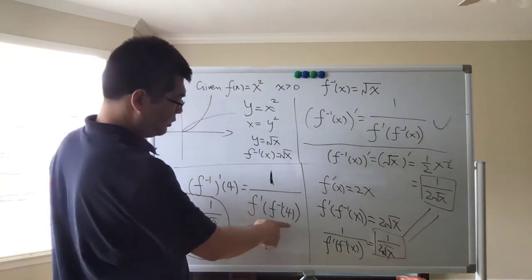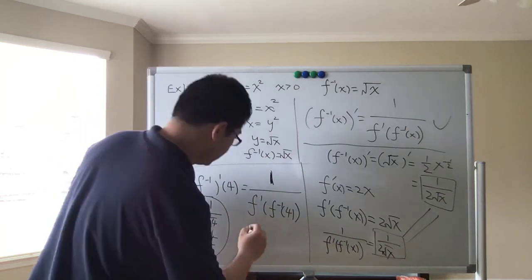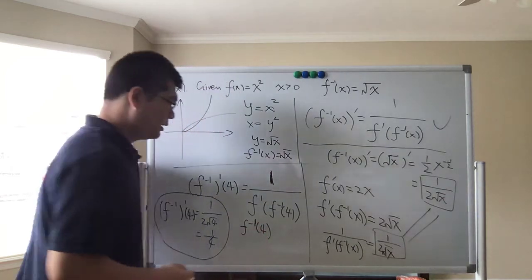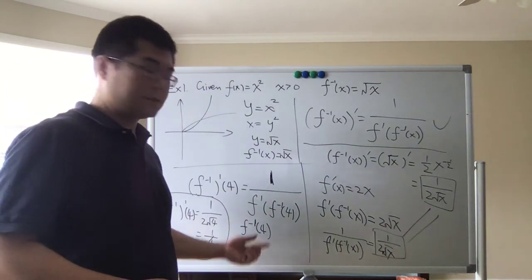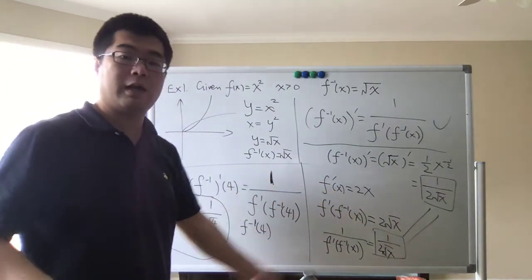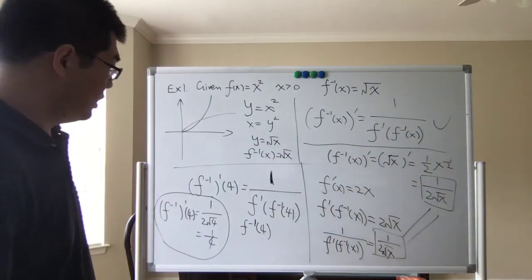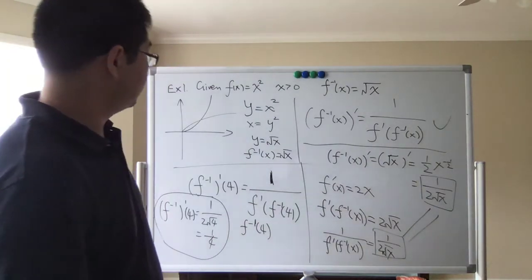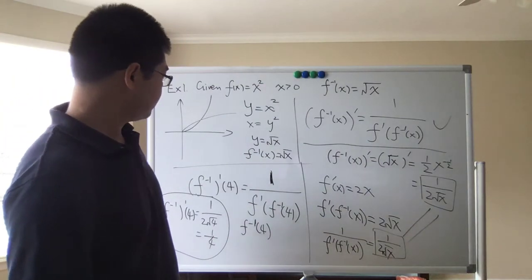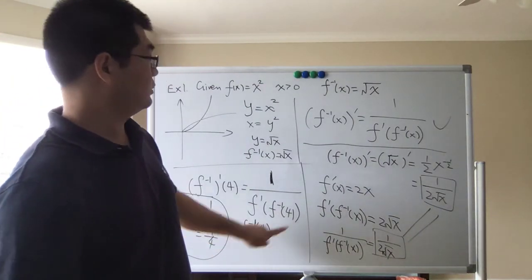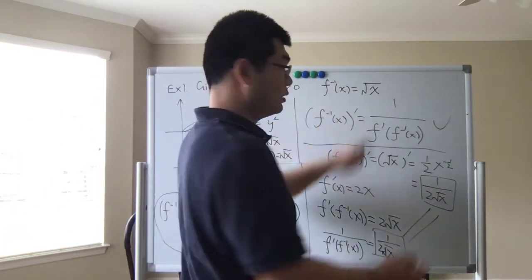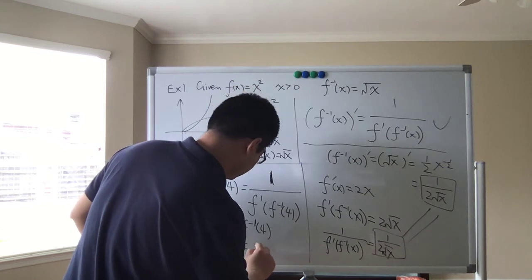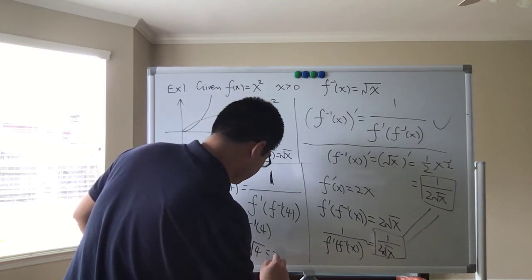All I need is to figure out f inverse of 4, because then I can substitute it and I'm done. f inverse of 4 is the square root of 4, which equals 2.